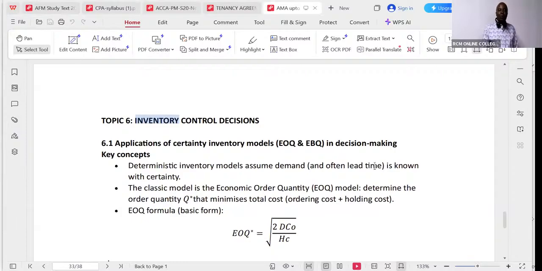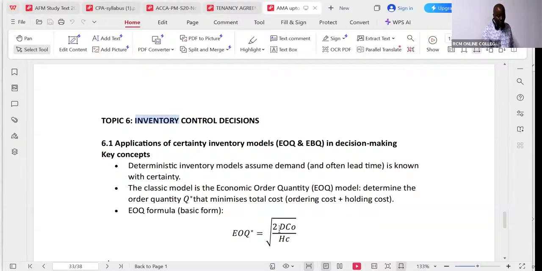This is the time between placement of an order and the receipt of these units in our stores. So if we place an order and then this person takes 3 days to deliver, then the 3 days becomes our lead time. So the classic model is the EOQ, which is deterministic.